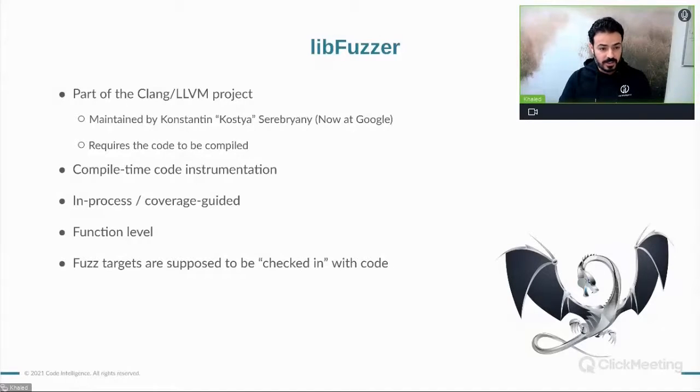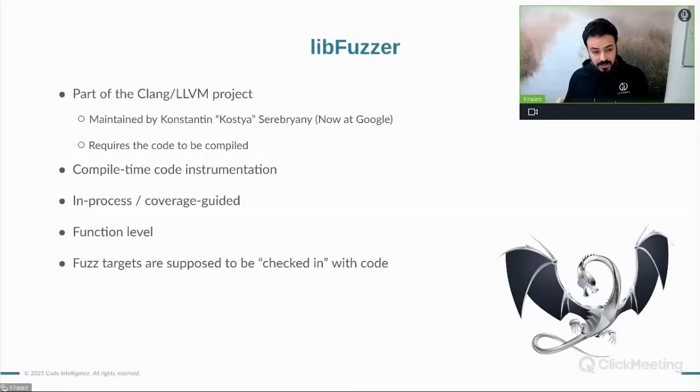It performs compile time instrumentation, meaning that the instrumentation happens when I compile my code, so these markers are injected during compile time. And it's in process, meaning that the fuzzer runtime and the application under test run in the same process, as we'll see. So you get a binary that you can execute, and this binary includes the code under test and the fuzzer runtime. With that, you can write fuzz tests to test specific functions.